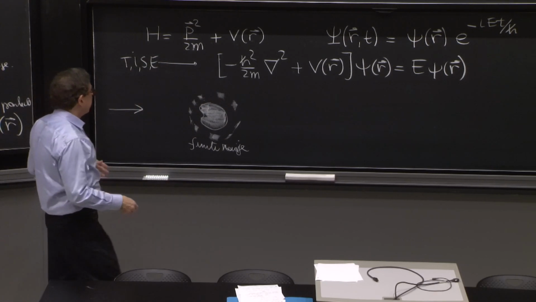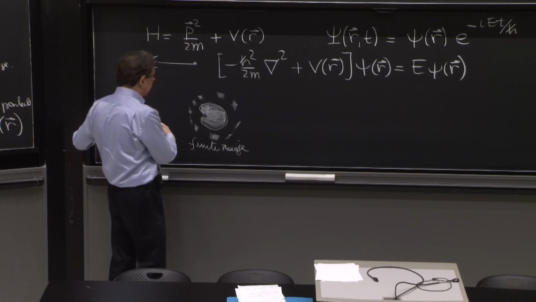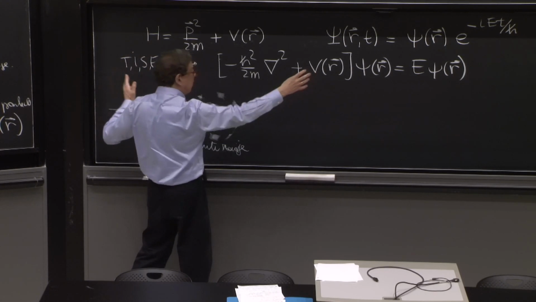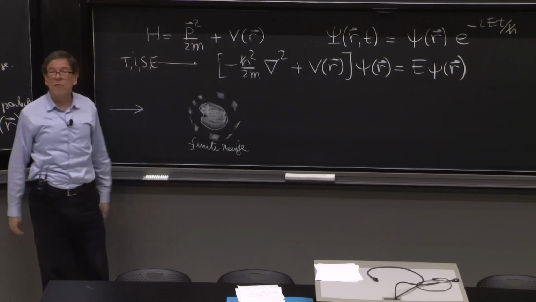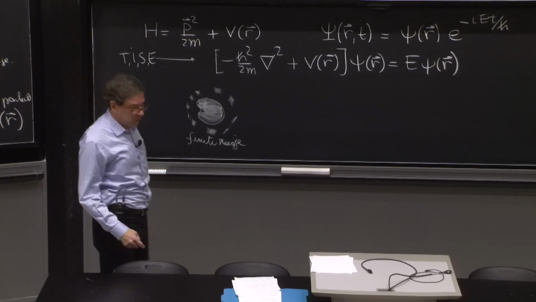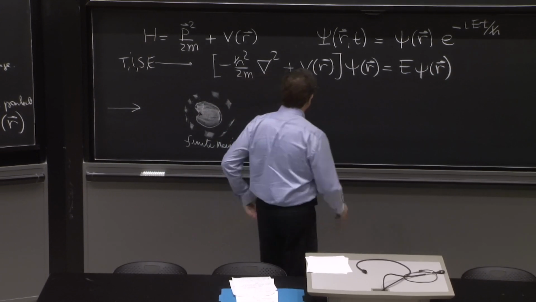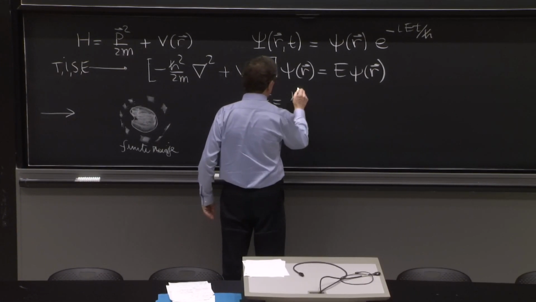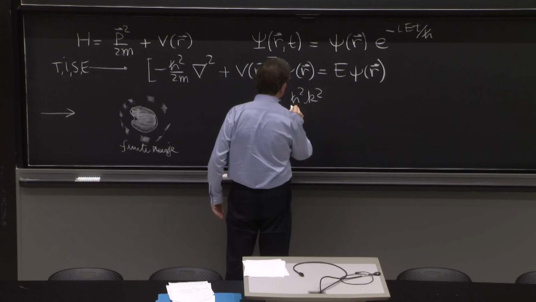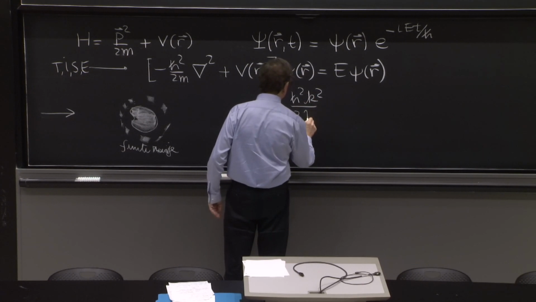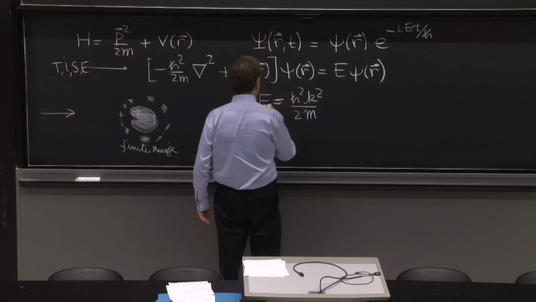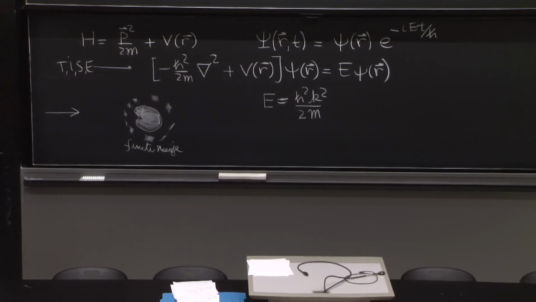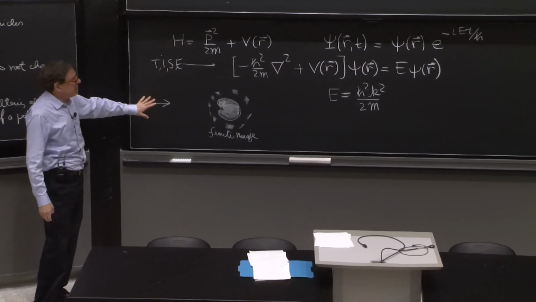And we're going to think of solutions that, okay, away from the finite range are plane waves, solutions of constant energy specified with perhaps some momentum. So we will think of E as h bar squared k squared over 2m. This is a way of thinking of the energy of a given energy eigenstate.